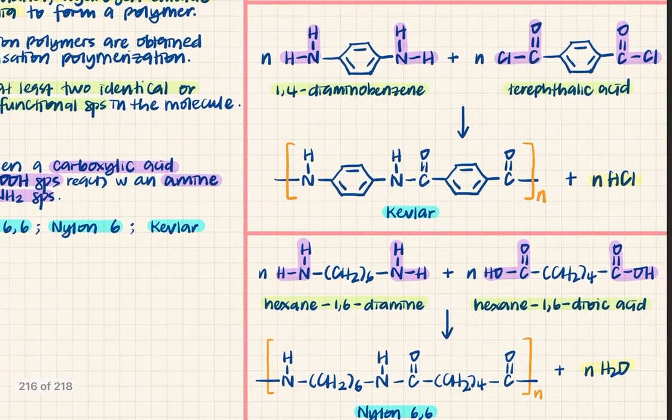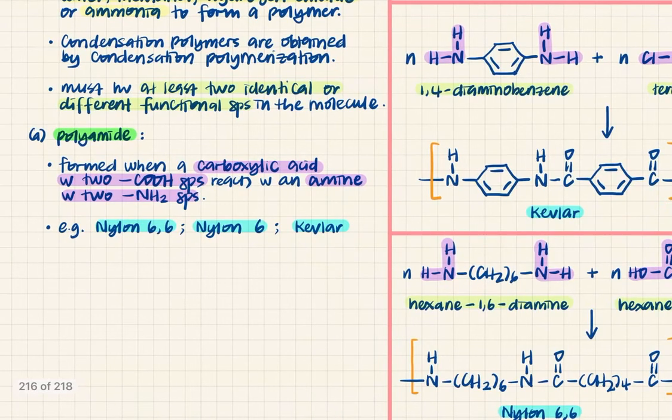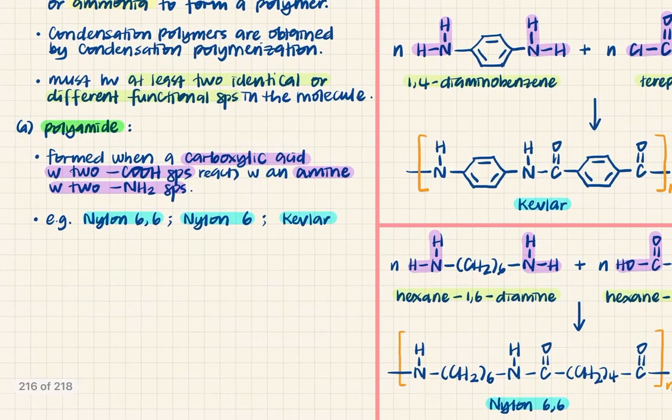Next here is the formation of Kevlar. In the formation of Kevlar, you will remove HCl, hydrochloric acid. You will react your monomers. This example has at least 2 different functional groups in the molecule.